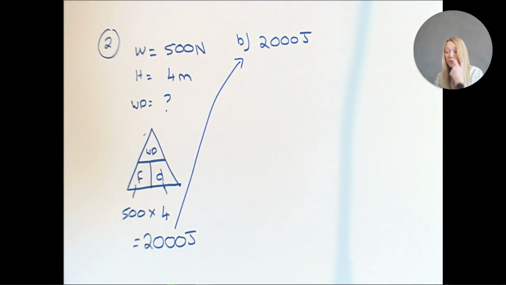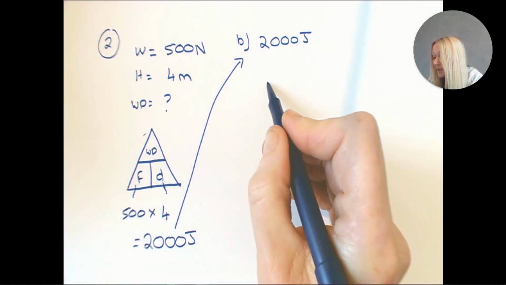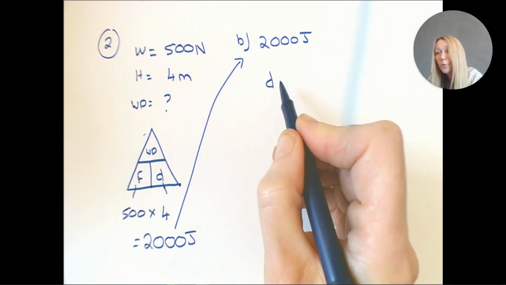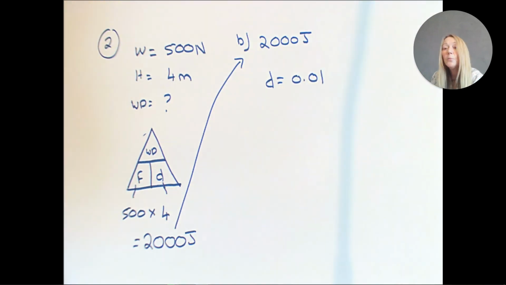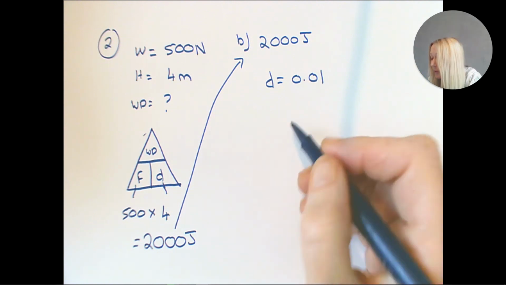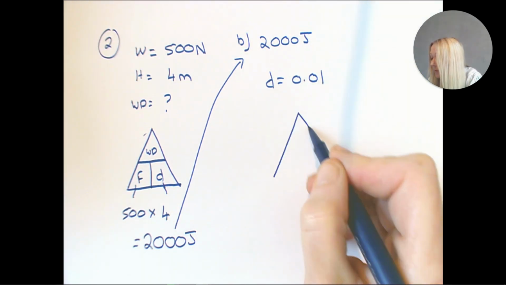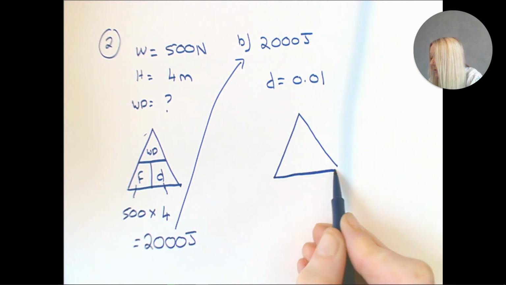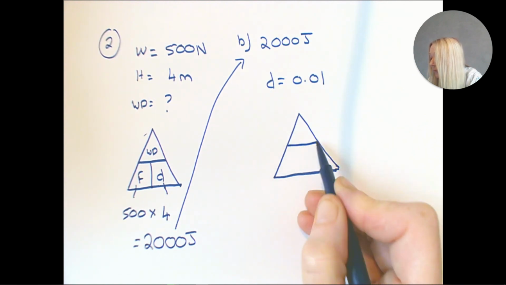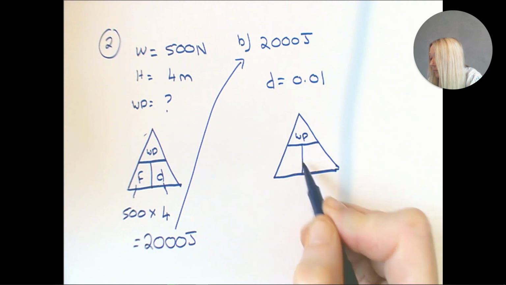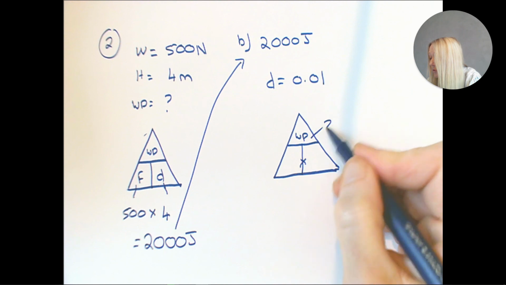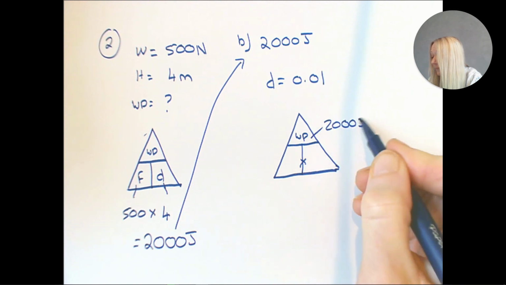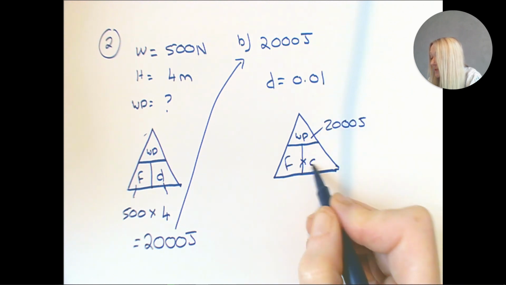And in the second part of the question, they gave us a distance that the shoe was compressed by 0.01. Now again, we just need to use the work done equation. So this is right at the end, we're going to start with the work done, which is the amount of energy that was transferred, 2,000 joules, and force times distance.